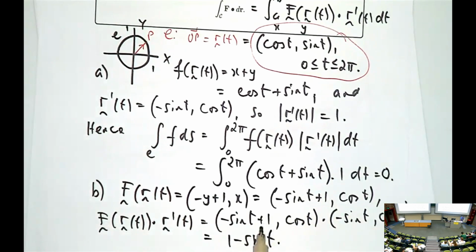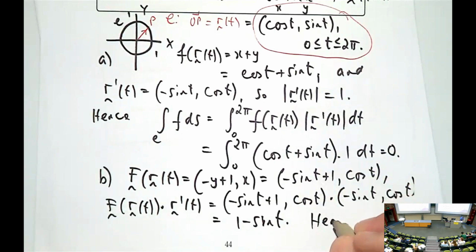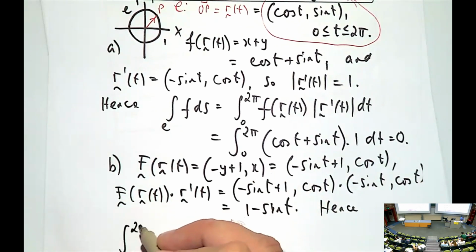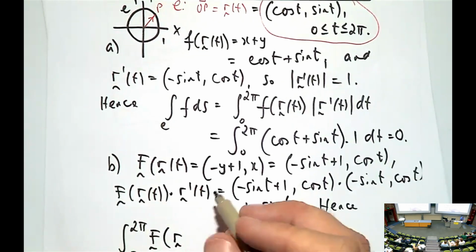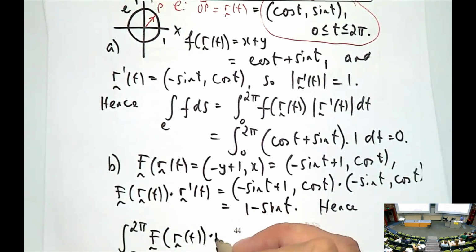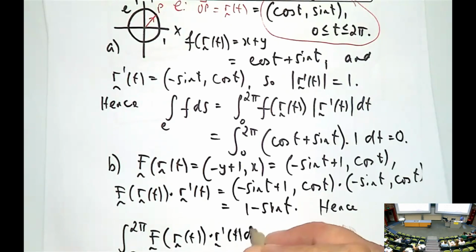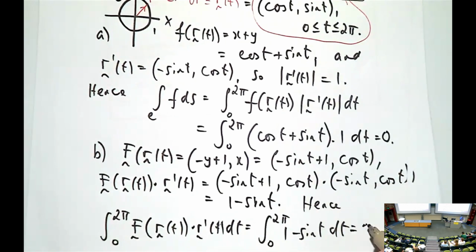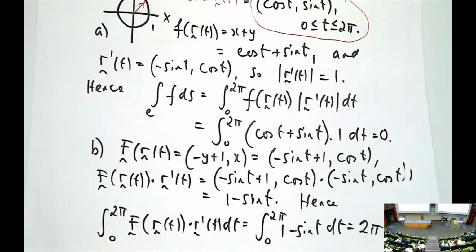Then we simply integrate that from 0 to 2 pi. If you do that, again you get a number.